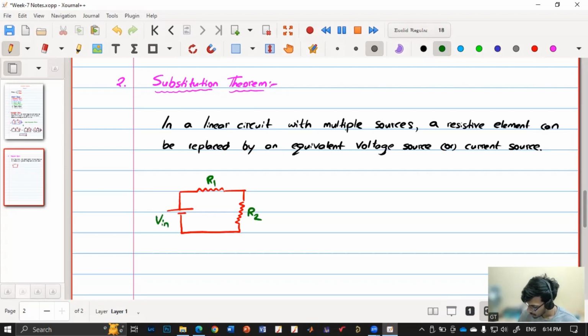Okay, now can someone tell me what is the current? Or can you tell me what is the voltage across this resistor? Say V1. Anyone? V minus I R1.